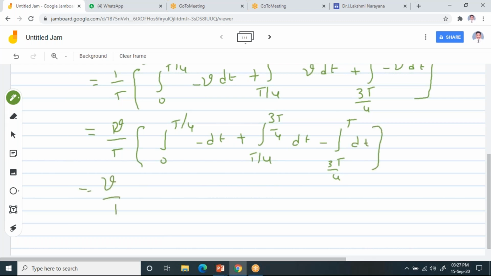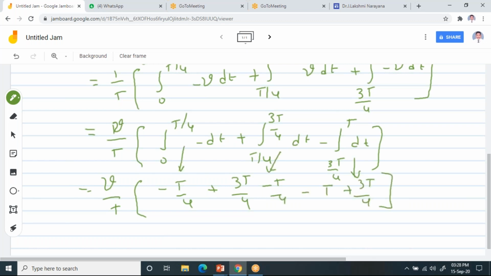Now you apply the limits, you'll get minus T by 4, and here you will get 3T by 4 minus T by 4. This is what the integral for this gives, and this is what the integral for this gives, and minus T plus 3T by 4 for the last one.